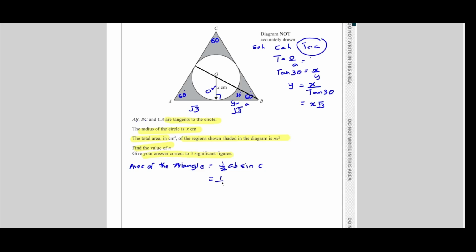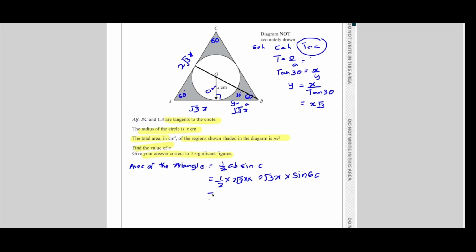Then I'm getting half times 2 root 3x into 2 root 3x into sine 60, because the in-between angle is 60.